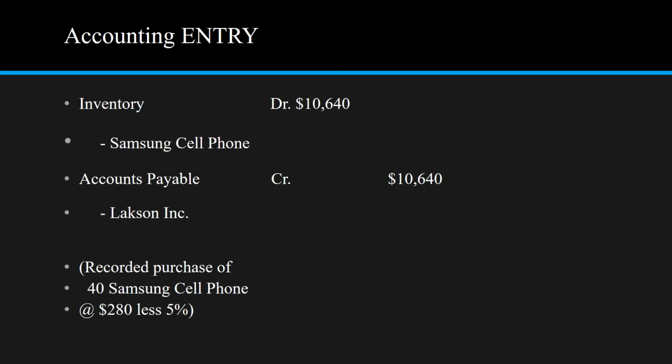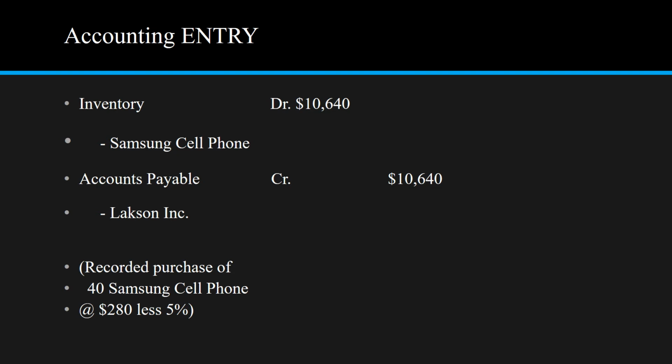So now you have the entry in front of you. You can see that we have debited the purchase of cell phones to an inventory account, and we have given credit to accounts payable. Now there is a sub account below inventory, and that is Samsung cell phone.